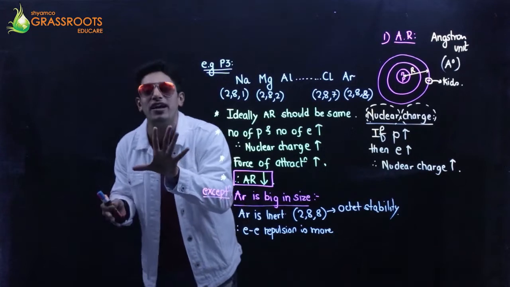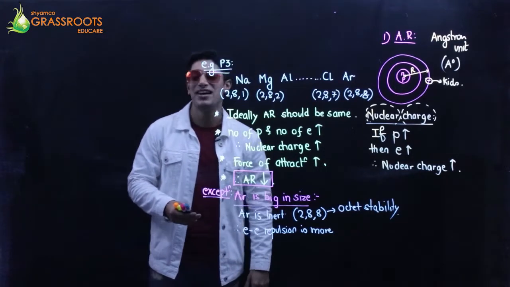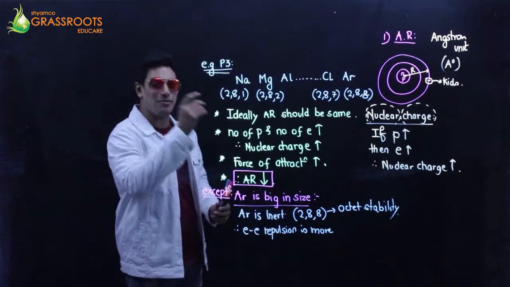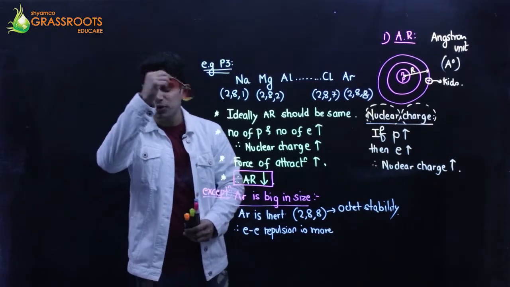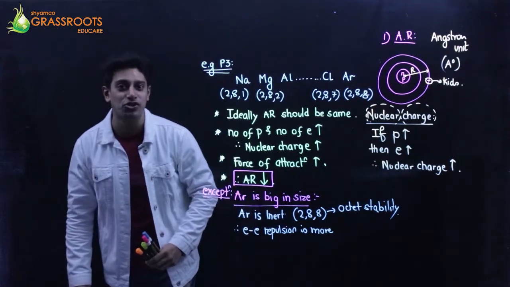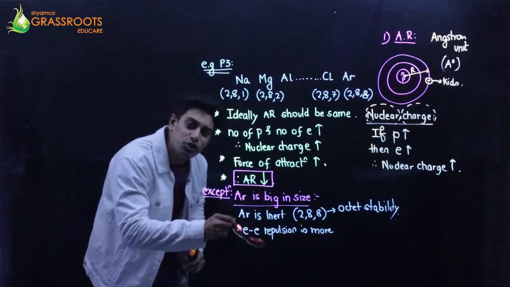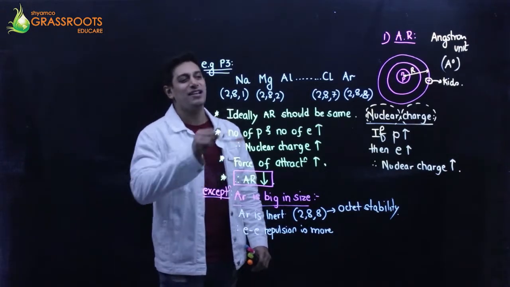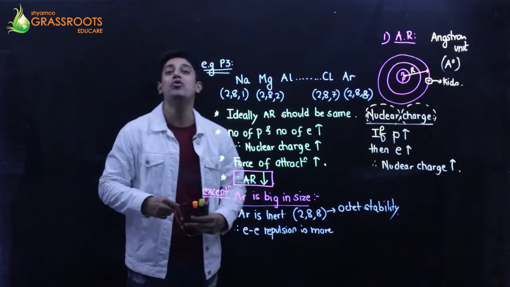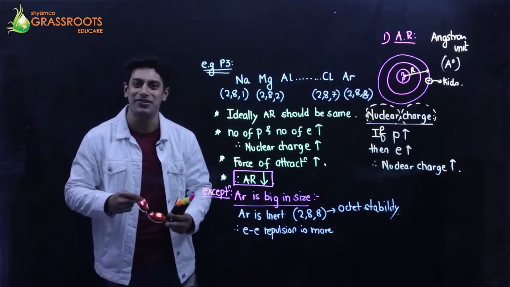So when they move away, atomic radius increases. So 2 reasons. Reason number 1, stability of argon, and reason number 2 is the electron repulsion. So always remember, because of these 2 reasons, the last one has slightly more atomic radius as compared to the others, right?